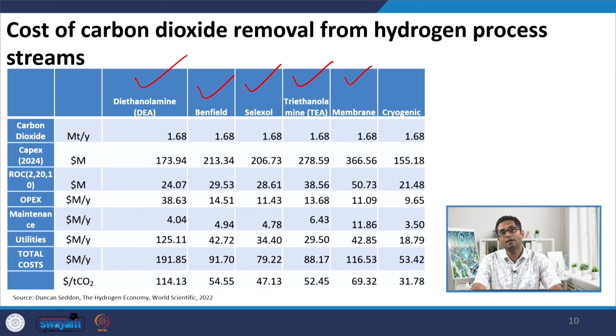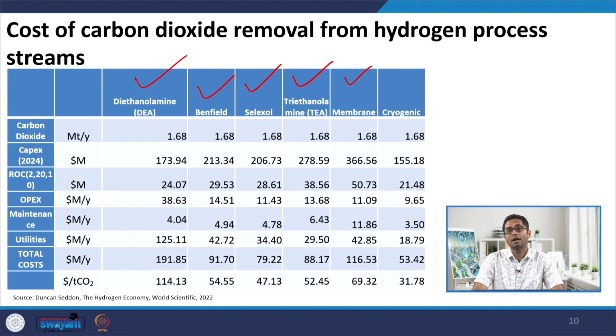Another technology that would be of concern is the cryogenic technology, where I am basically bringing down the temperature of the gas such that the majority of the CO2 is going to condense. So it's basically using the Joule-Thomson principle, where I am compressing the gas and then expanding it again and again such that the CO2 is going to condense and is removed from the solution.